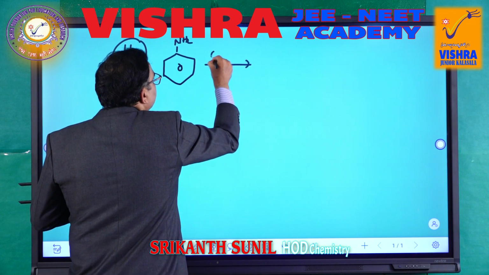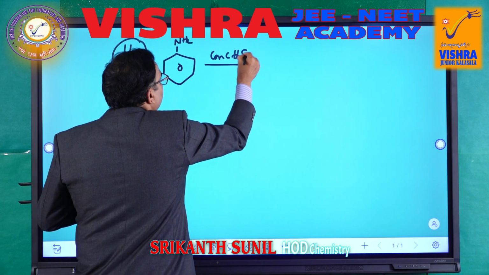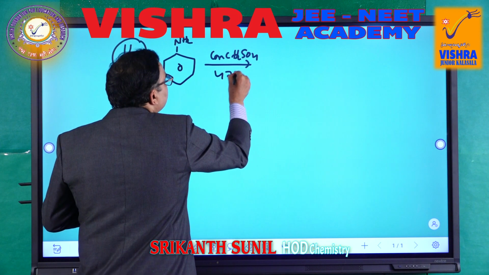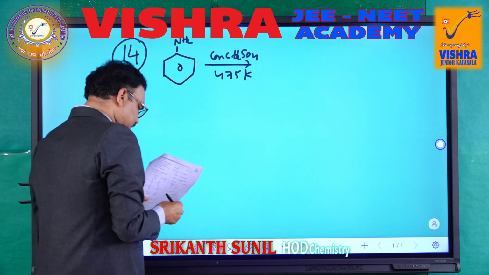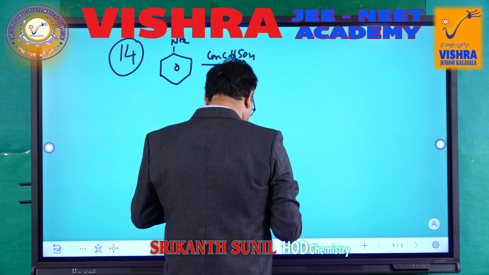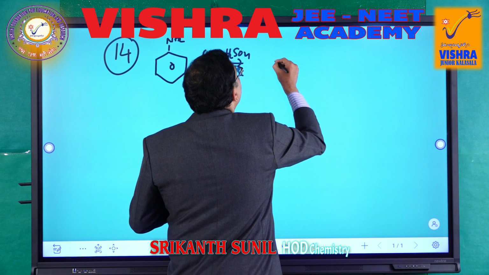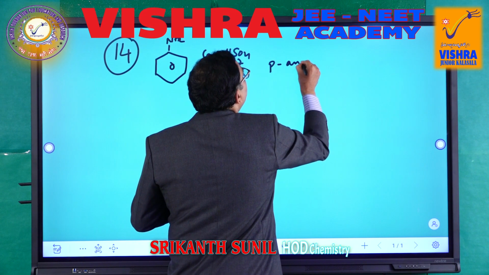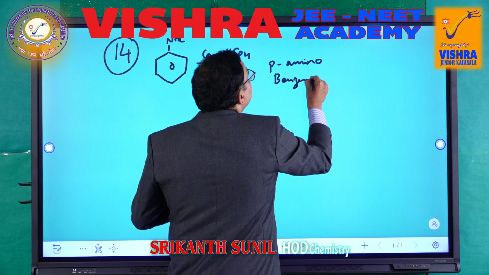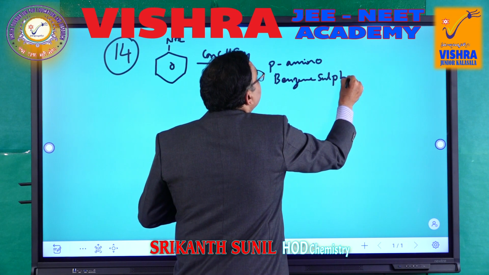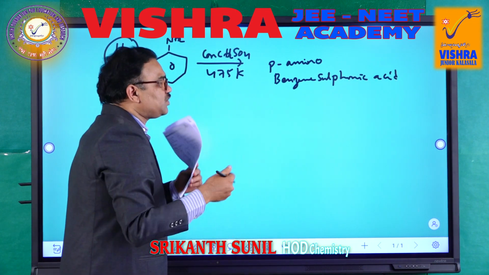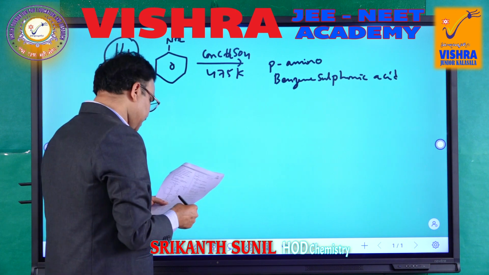Aniline on reaction with concentrated H2SO4 at 475 Kelvin temperature gives para-aminobenzene sulfonic acid. I'll write the structure afterwards. They gave the name here, so you should be able to understand the structure and write.